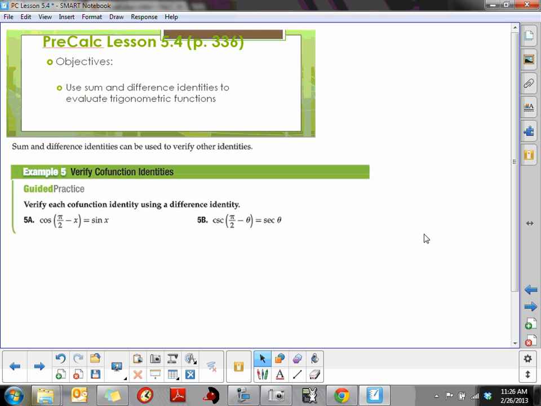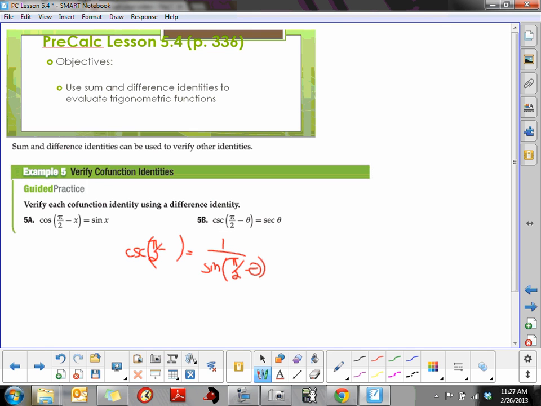So the cosecant of pi halves minus theta can be written as 1 over the sine of pi halves minus theta.